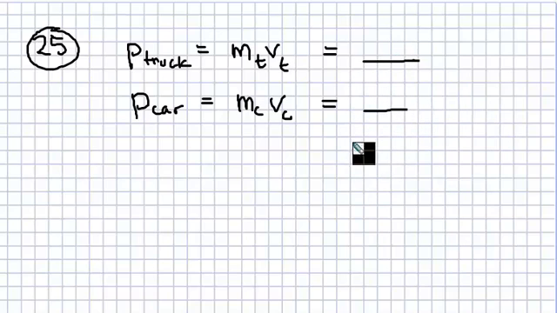Can you add these like regular numbers to get the new total momentum? No. You must add them like vectors, which means you have to have an arrow in the direction that the truck is moving that is that big. And then you have an arrow that is in the direction the car is moving that is that big. Draw it to scale. Add those two vectors. Remember, vector addition is tip to tail.